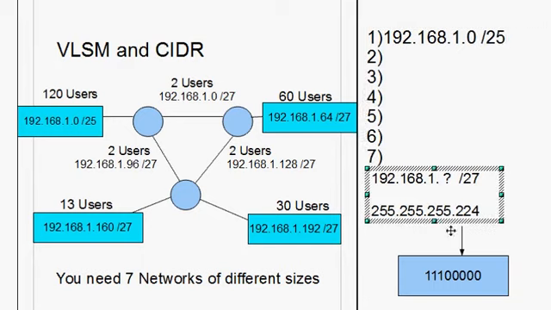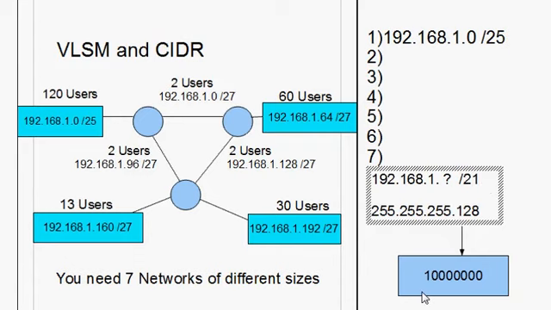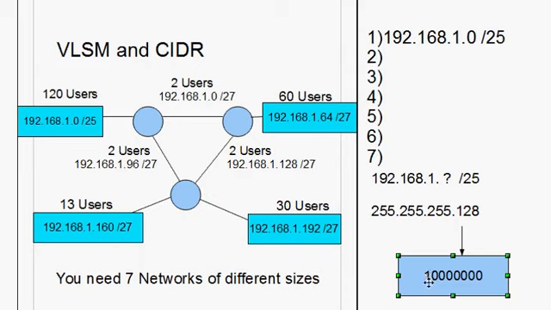192.168.1.0/25 means that on my subnet mask, it'll be 128, right? Meaning that the binary in the last octet will look like this: 1,0,0,0,0,0,0,0. So I've only borrowed 1 bit from the last octet, and that bit is in the 128th place.